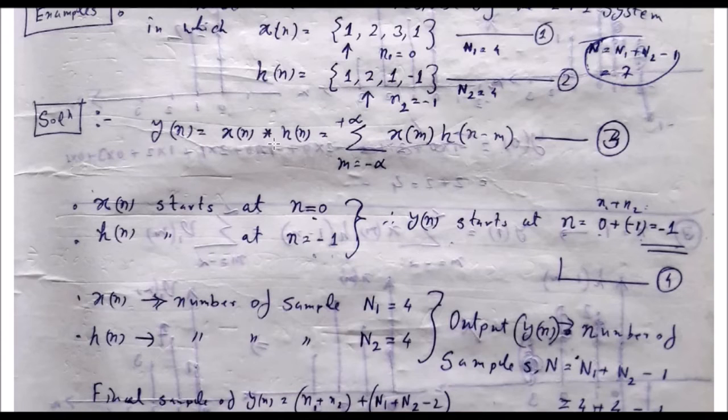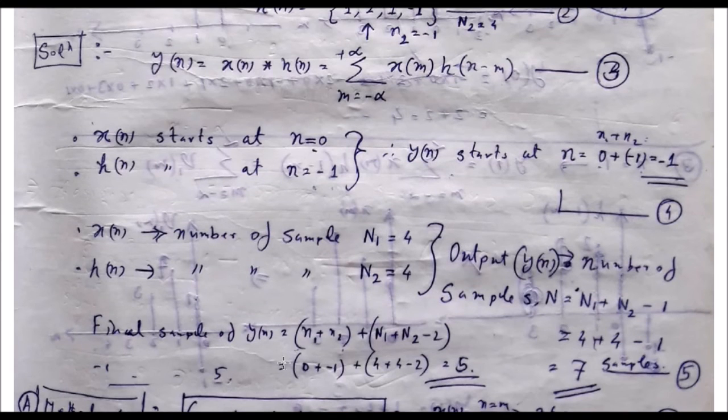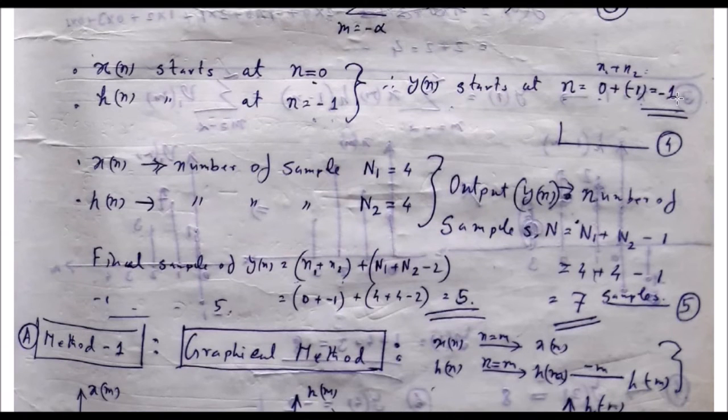And what will be the ending point of this y[n]? You can obtain it by using this formula, n1 plus n2 plus N1 plus N2 minus 1. As I mentioned earlier, if you do that, you will obtain 5. That means it will start at minus 1 and end at 5, that is minus 1, 0, 1, 2, 3, 4, 5. So 7 samples will be present, and it is the same because the length of the signal is arriving as 7 samples.